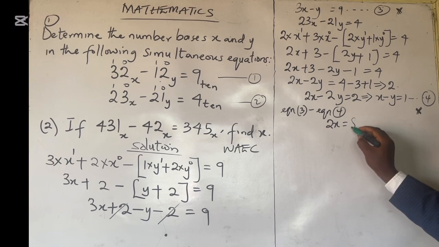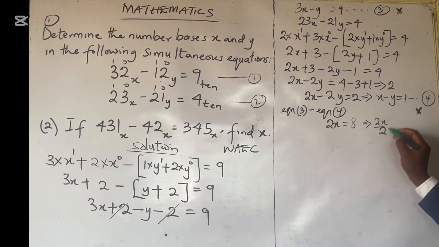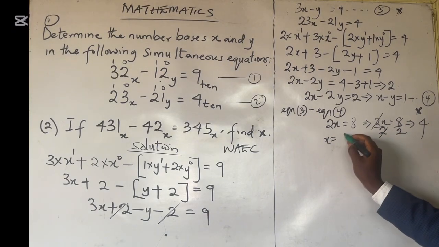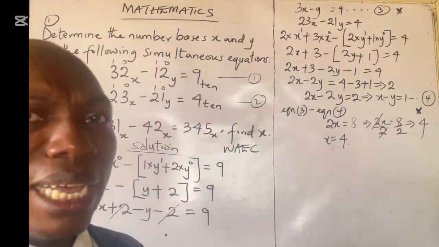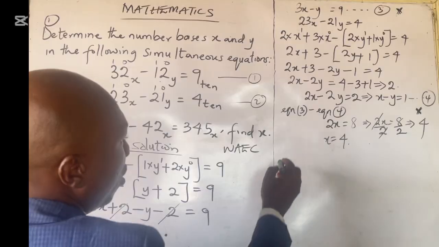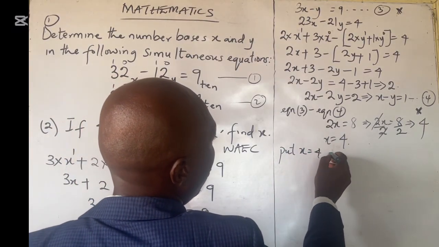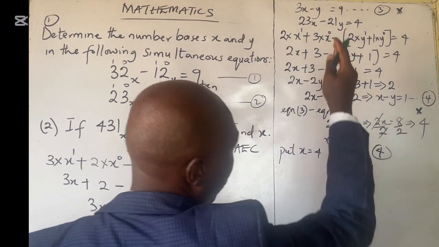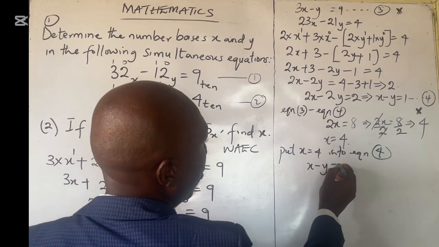That's 8. So the value of x will be 2x over 2 equals 8 over 2. So x is equal to 4. Now we want to get the value of y. To get the value of y, we substitute x equals 4 into equation 4, or any of the equations. Our equation 4 is x minus y equals 1.